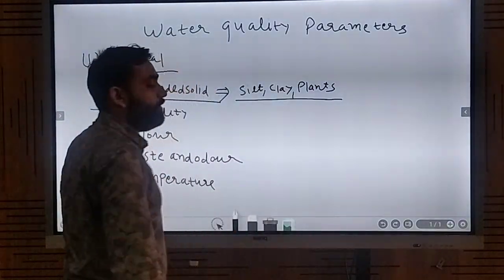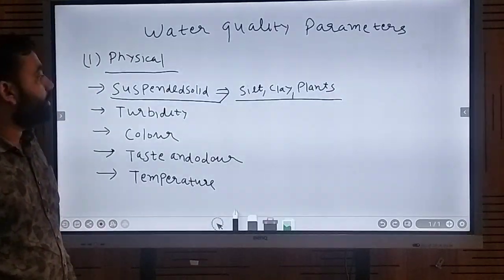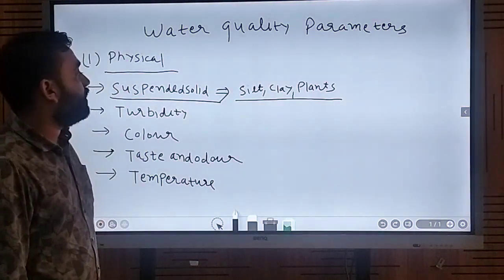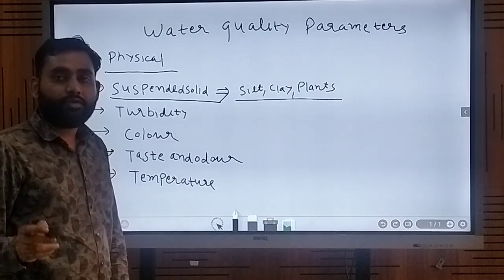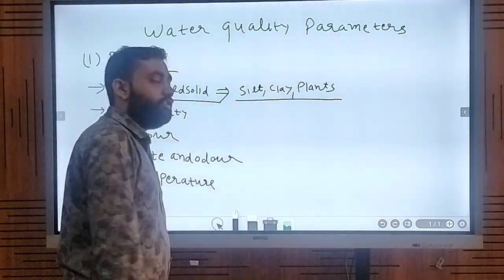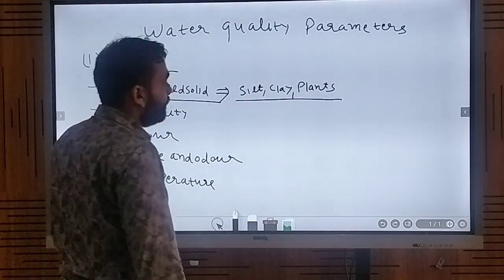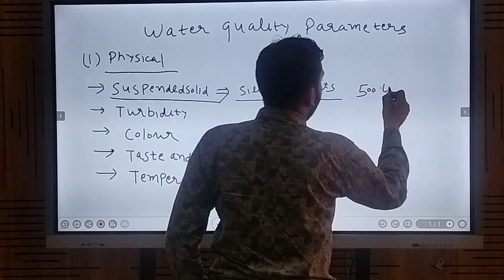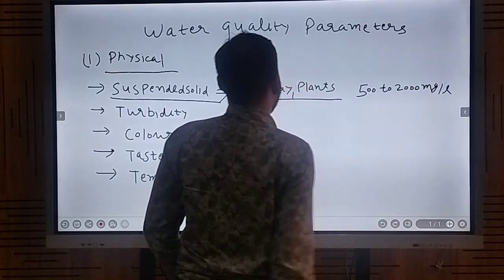Suspended solids affect the water carrying capacity of pipes and are responsible for incrustation in pipes. Aesthetically, if solids are present in water, then it cannot be consumed. Suspended solid is measured by the gravimetric technique. Permissible limit of suspended solid is 500 to 2000 milligram per liter.